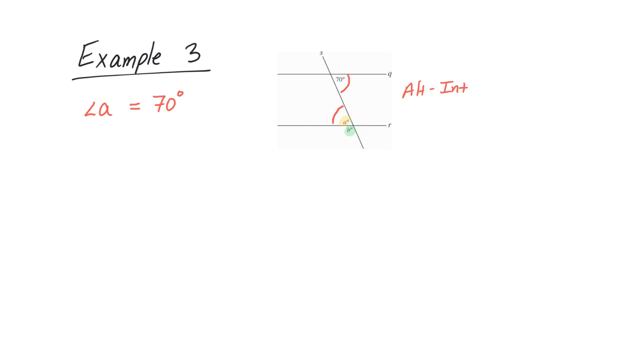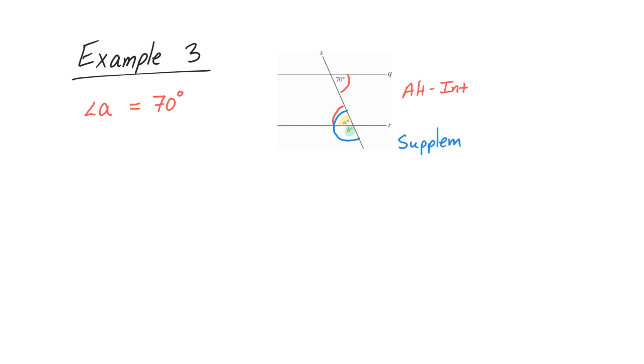Then I look at the relationship between 70 degrees and the angle B, and I don't really have a special relationship for those two positions. But I do know what angle A is. I know that angle A is 70 degrees. I also can see that A and B are together on a straight line. That means they are supplementary.